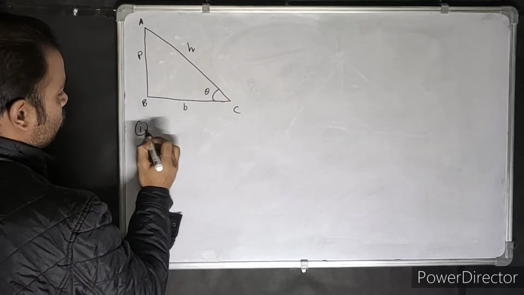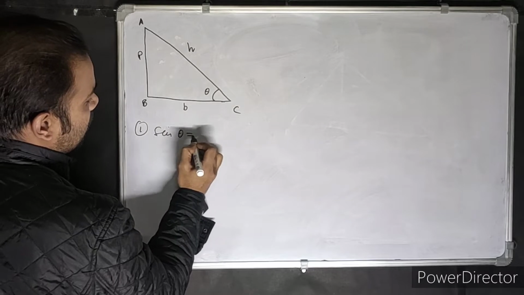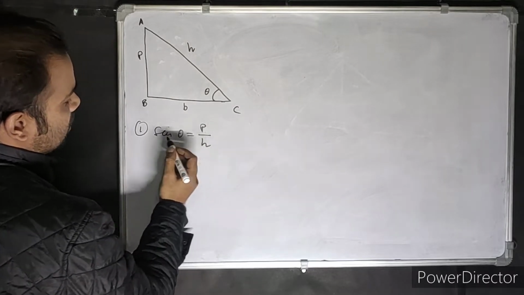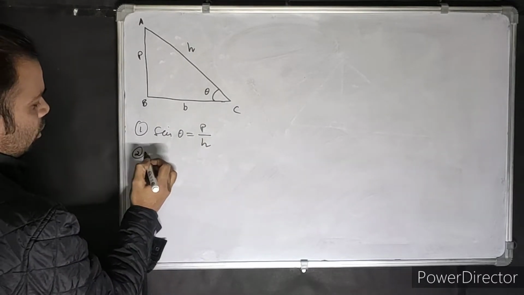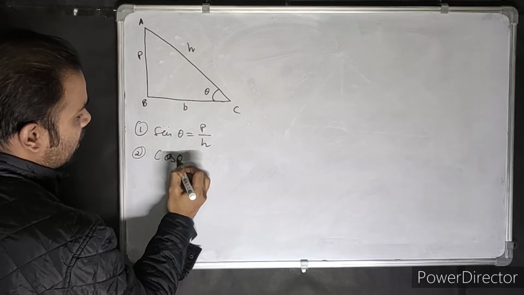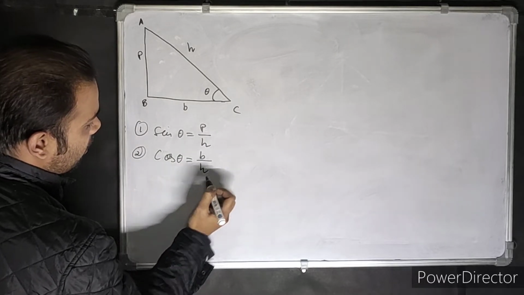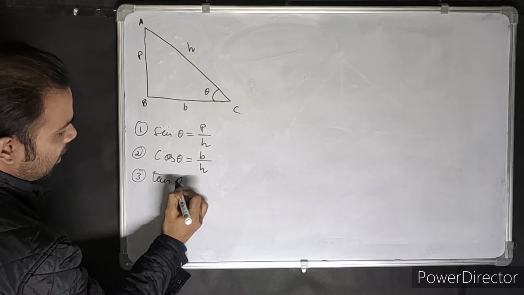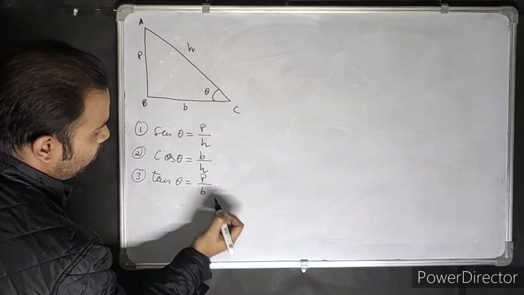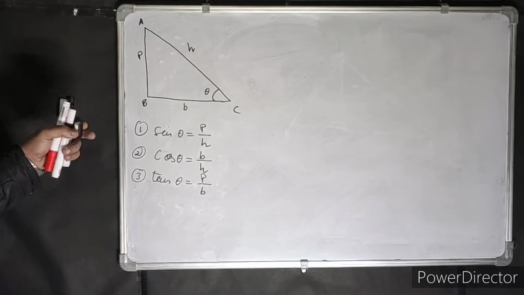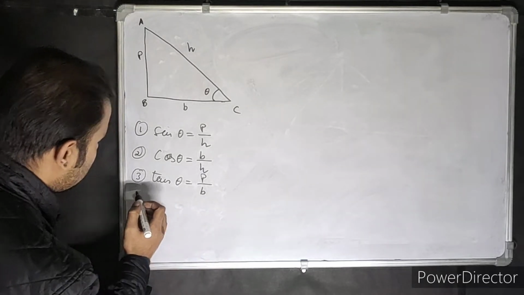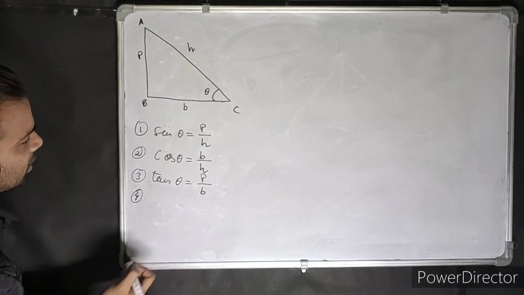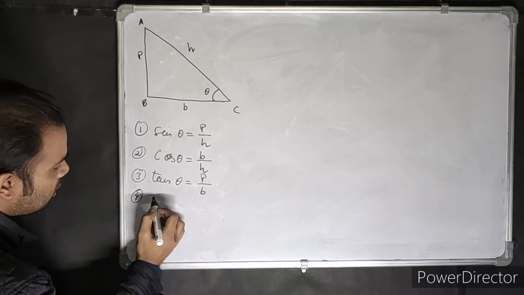So what was the first one? Sine theta is P by H. Cos theta is B by H. Tan theta is P by B. So sine, cos, tan we got. Now the opposites. The opposite of sine is cosec.